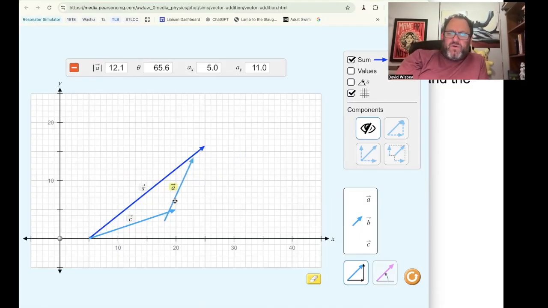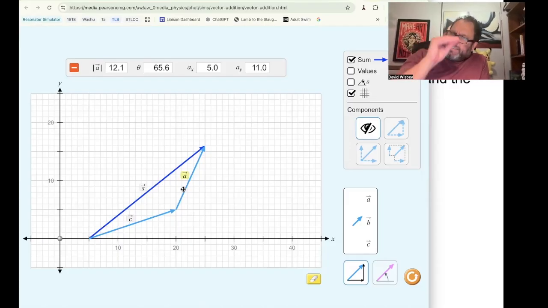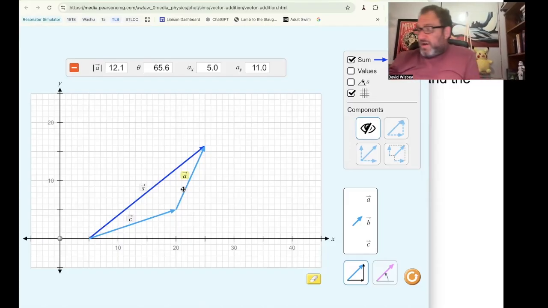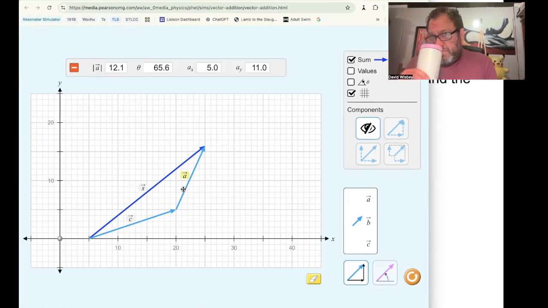Just think of arrows, right? We're going to mostly do it in 2D. You could do it in 3D. We're not going to do that in this class, but the algebra gets a little crazy. I'm not going to lie. We're going to stick to 2D because I think nobody likes to do a lot of algebra.